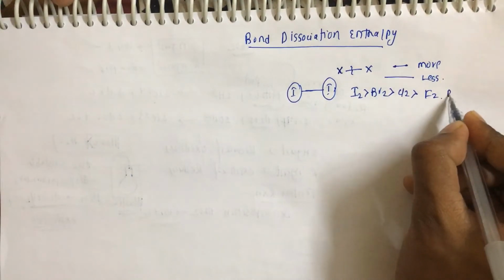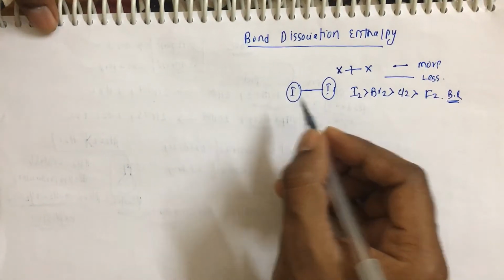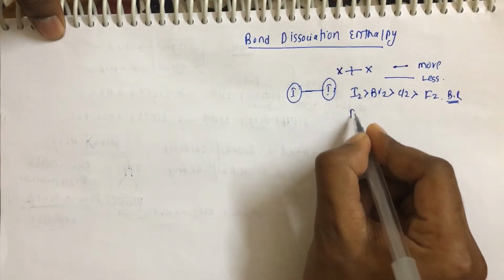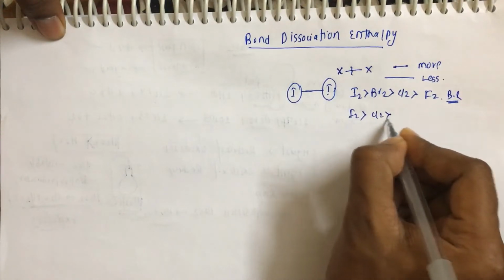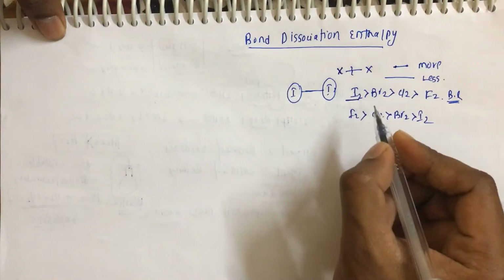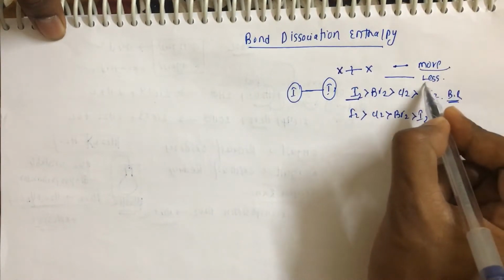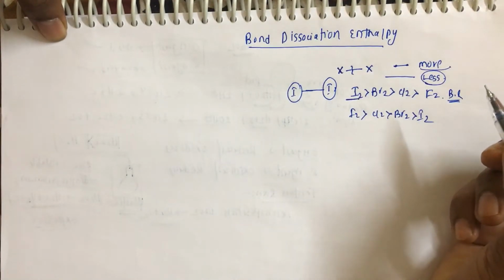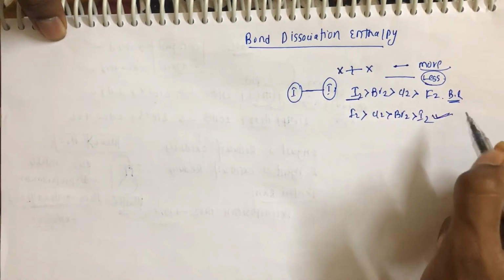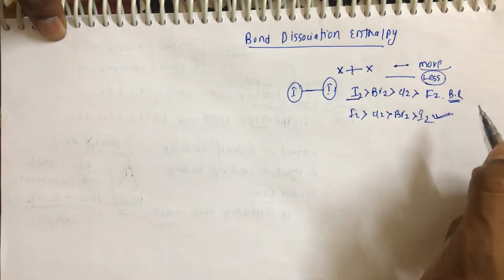The bond dissociation enthalpy will be in the reverse way: F2, Cl2, Br2 and I2, because more bond length means we require less bond dissociation enthalpy. This is the expected order of bond dissociation enthalpy.